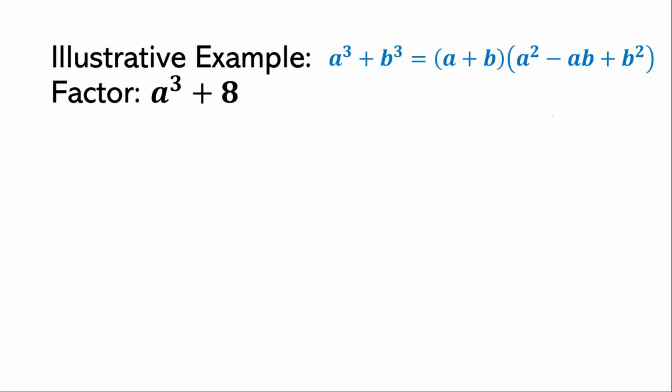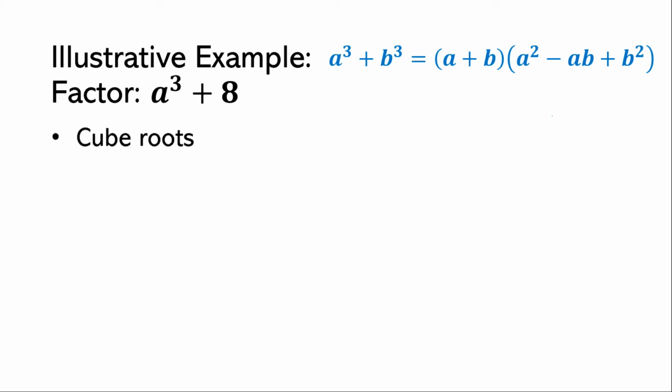Okay, now, let's try to answer some examples of factoring sum and difference of two cubes. Let's start with this one. Let's try to factor a cube plus 8, which is sum of two cubes. So, ano yung mga words na kailangan nating tandaan? First is to get the cube roots.